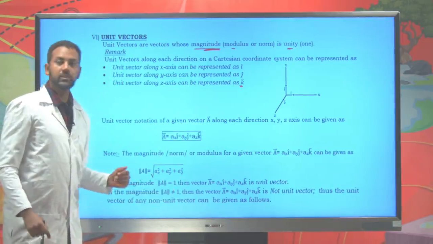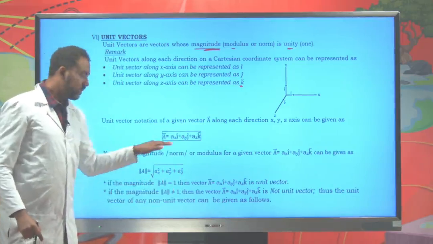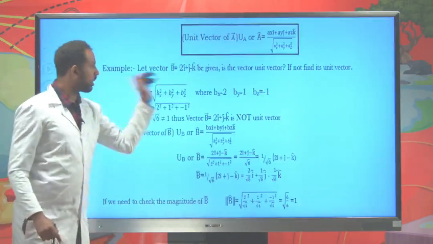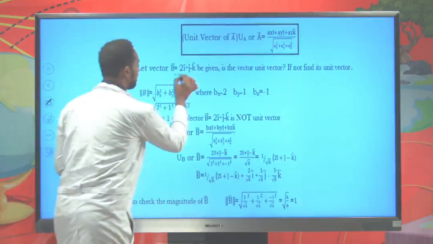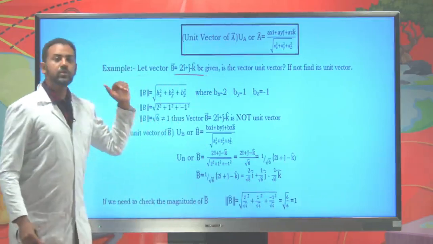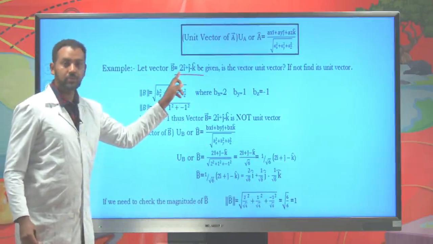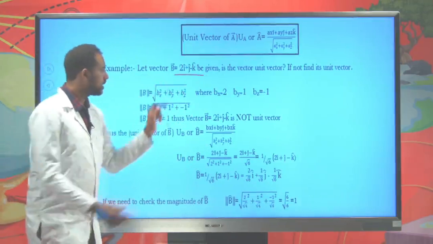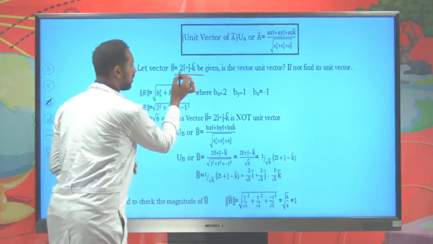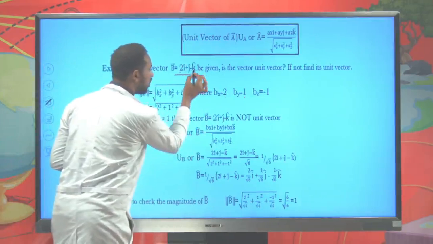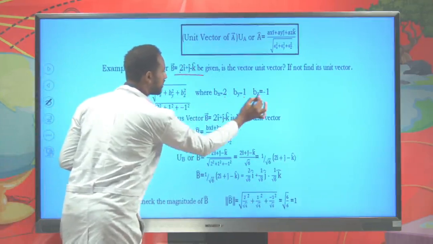It's possible to determine the unit vector of any given vector. Suppose you have a given vector here. First, we need to determine the magnitude of this vector. How do we determine the magnitude? You have to square every component. Here, the i component, or the component along x, is 2, the component along y is 1, and the component along z is -1.